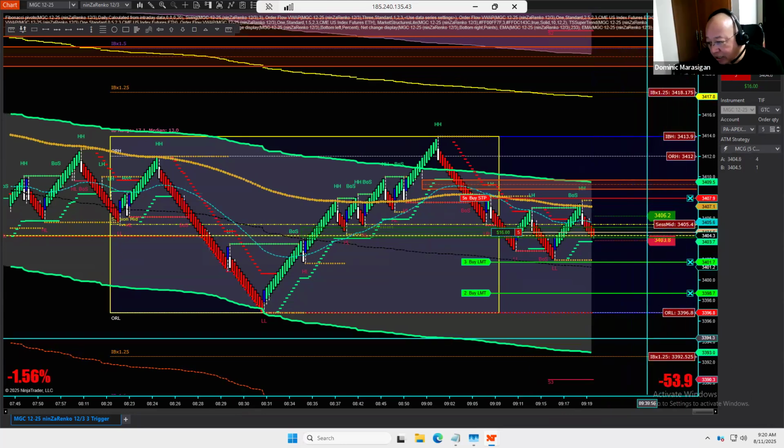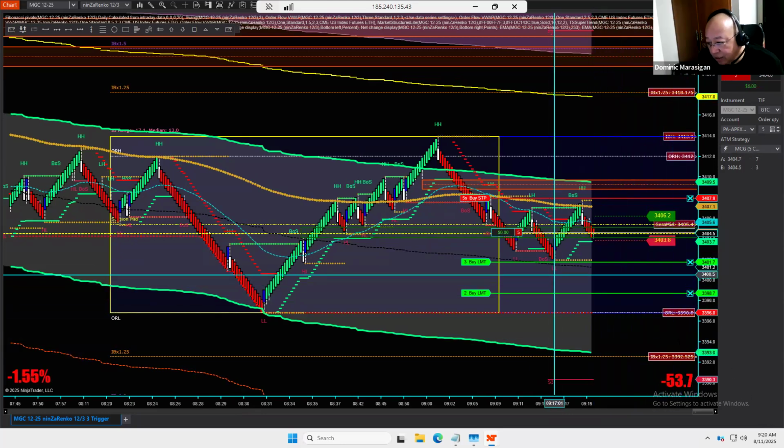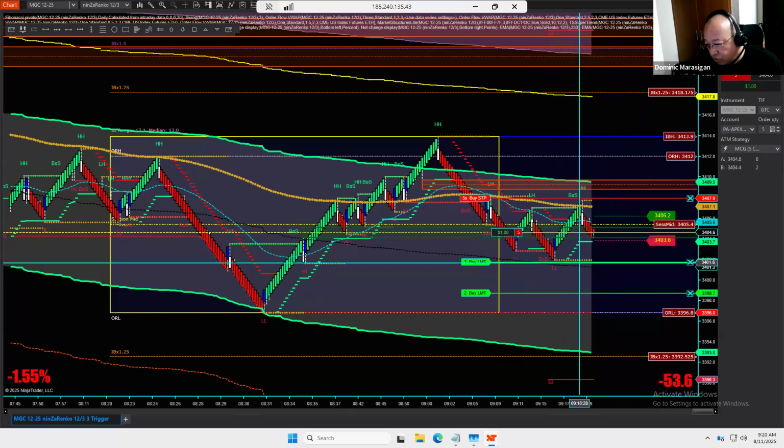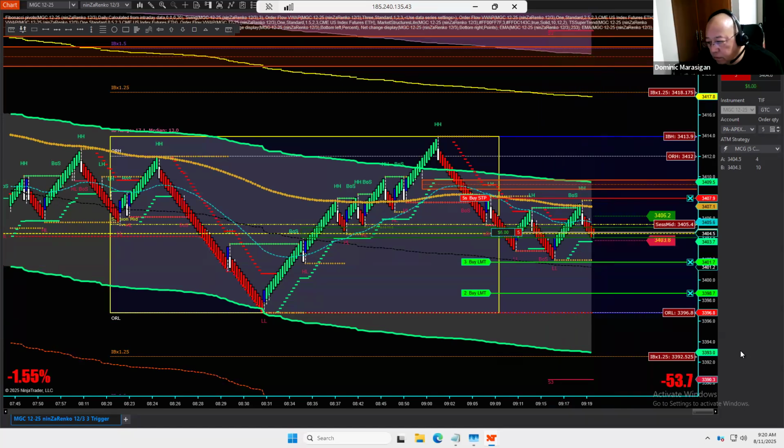So now let's see if we're gonna continue and get a lower low. How do we get a lower low? It has to break this structure right down here. That's usually how you see how the market moves.